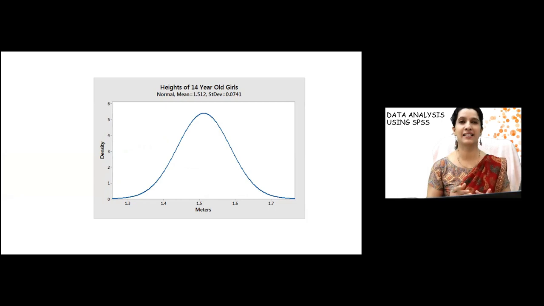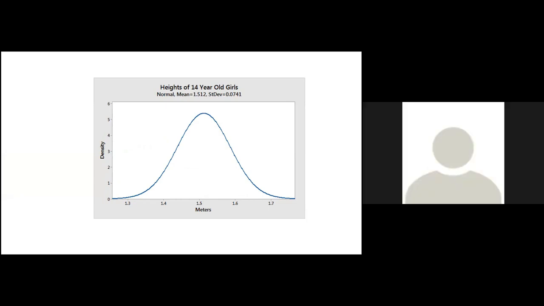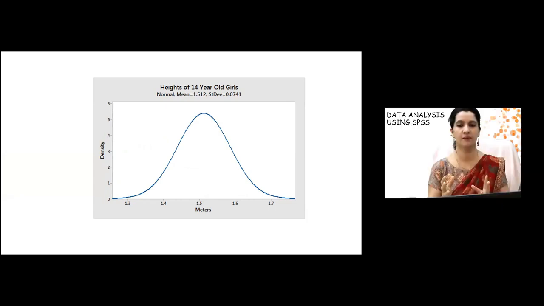Now you can see that this is a graph of 14-year-old girls, where the mean height is 1.51 meters and the standard deviation is 0.074. One rule for estimating normality is that if the standard deviation of the data is less than half of the mean, it is generally normally distributed.